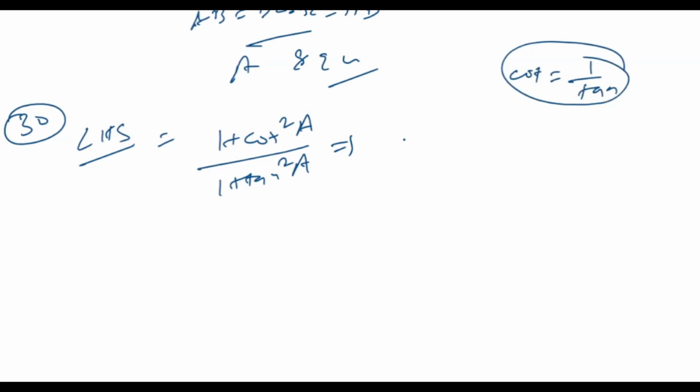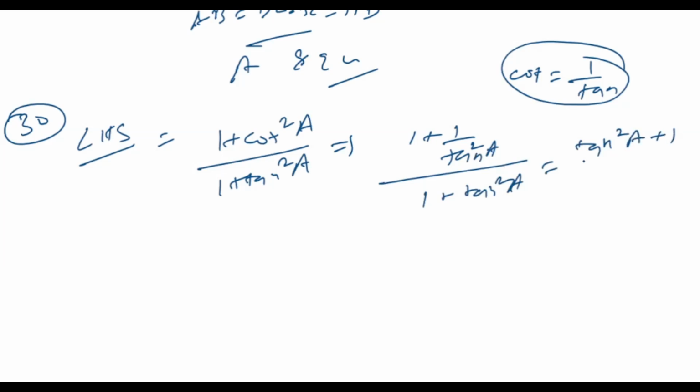So we can write 1 plus 1 by tan square A by 1 plus tan square A. This gives you tan square A plus 1 divided by tan square A, and in the denominator we already have 1 plus tan square A. Here tan square A plus 1 and 1 plus tan square A will cancel, and this gives you 1 by tan square A.